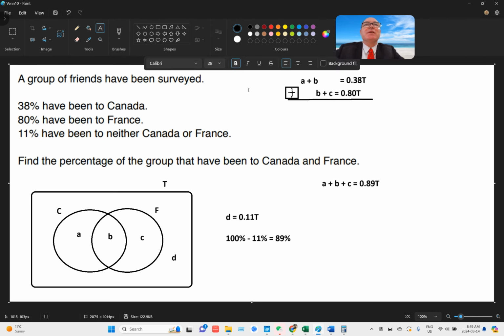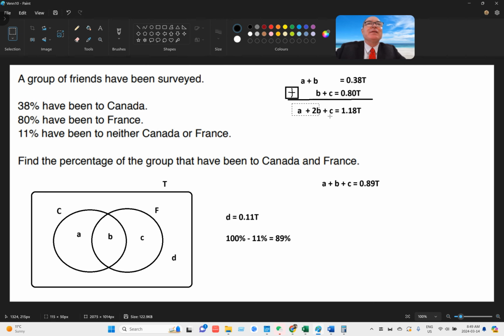I'm going to type this out, and I've got A plus, now just A, B plus B, that's going to be 2B, plus C, and here I've got 0.38T plus 0.8T is 1.18T. All right. Now let's move some things around again. This is my result for there, and this is the other information that I knew.